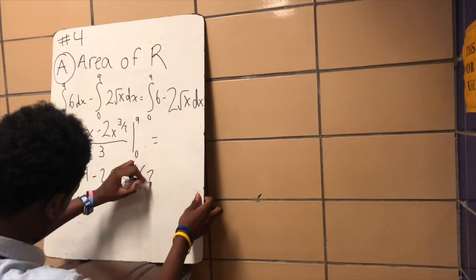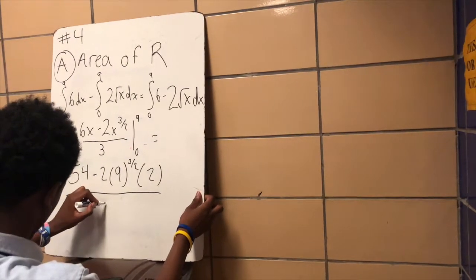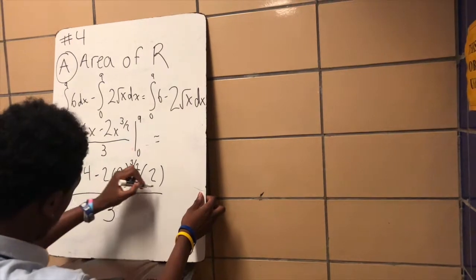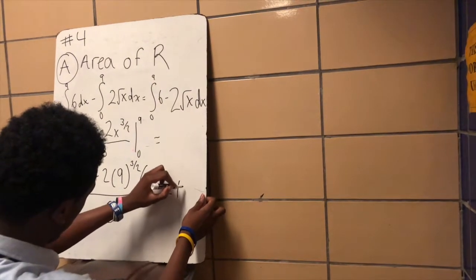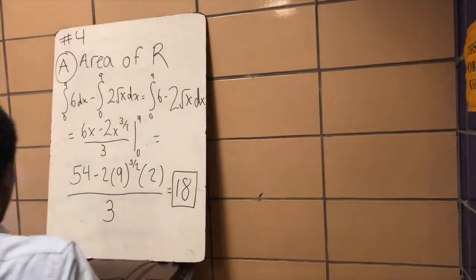Be sure not to overlook the boundary line y equals 6, because you would do the integral from 0 to 9, 2 radical x dx, which represents the region under, not between the 2 points.